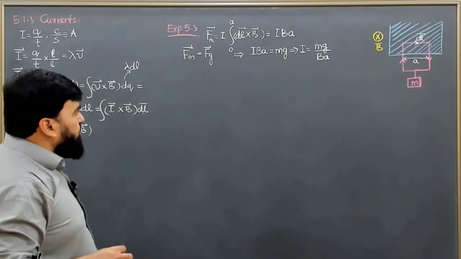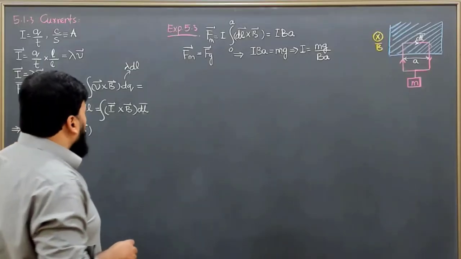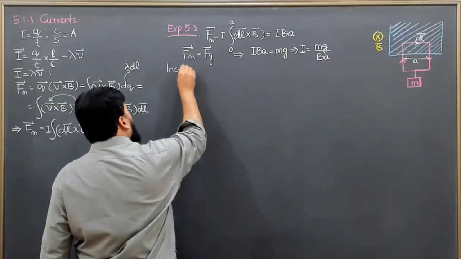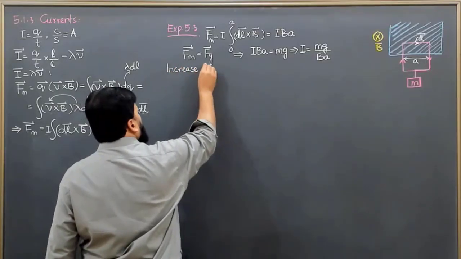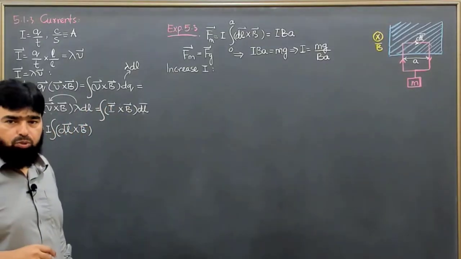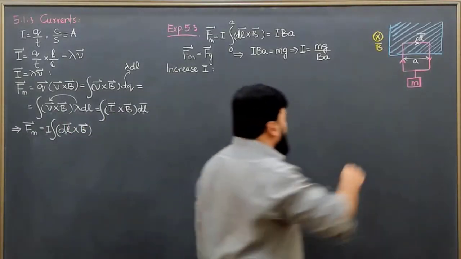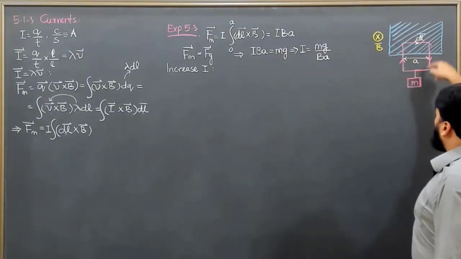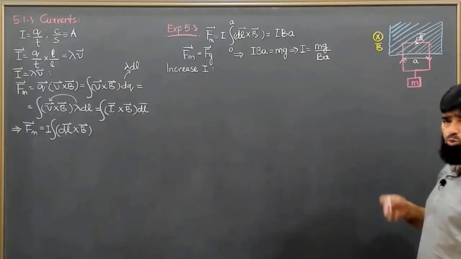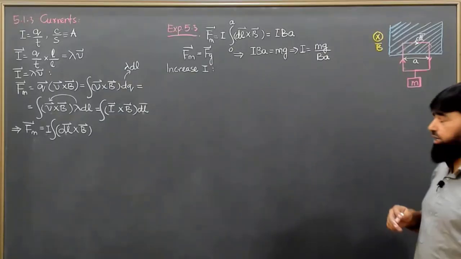And now what we do, we increase the value of current. We increase I in the loop. Now some source is connected here to this loop, which is responsible for the flow of current. Let's say the source may be a battery or a generator.